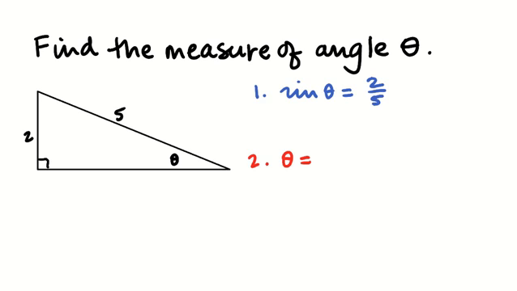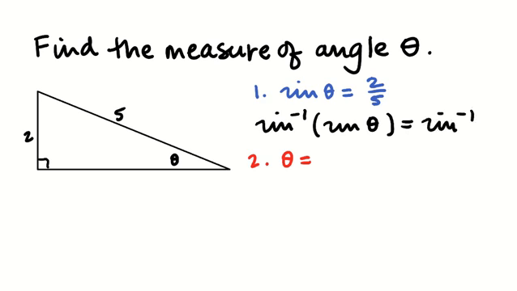Now, this is an algebra class, right? So we're always looking to solve for x or solve for theta by doing the same thing to both sides of an equation. So what we're going to do is take the inverse sine of both sides of this equation. Inverse sine of sine of theta is equal to inverse sine of 2/5.